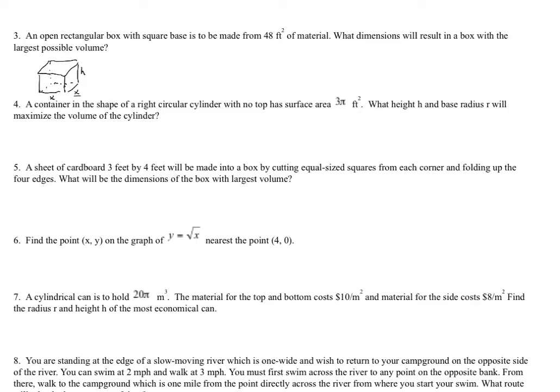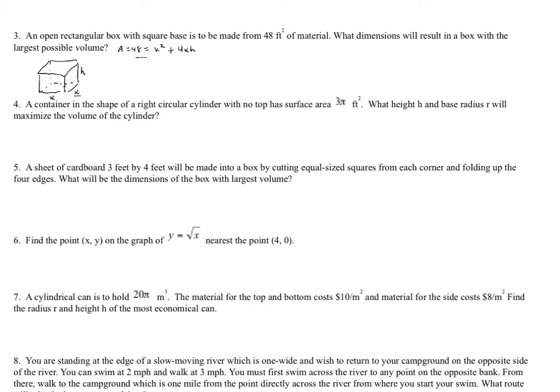Now, we know that the area is 48, and there are 5 rectangles that make up that area since there is no top. There's the bottom, which is x squared, and then each of the 4 sides is going to be x by h. So the area is x squared plus 4xh.